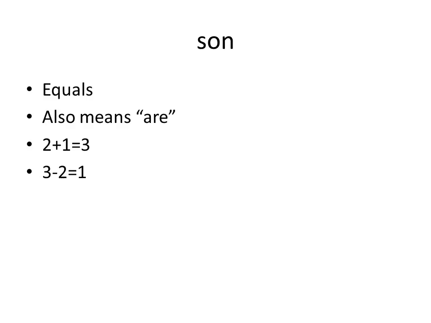So if we wanted to say 2 plus 1 equals 3, we would say dos más uno son tres. And if we wanted to say 3 minus 2 equals 1, we would say tres menos dos son uno.